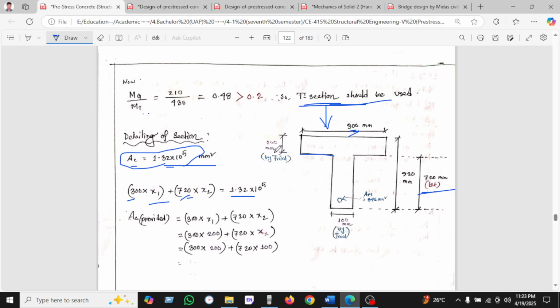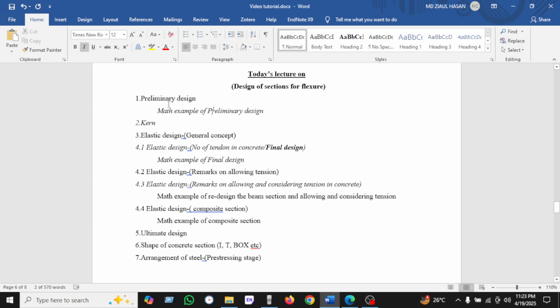What is x1? This is x1 and this is x2, but we have been taking them by manual trial. So provided what we have been seeing, if we calculate here and trial, then finally we found this value. Okay, so I hope the preliminary design is clear.